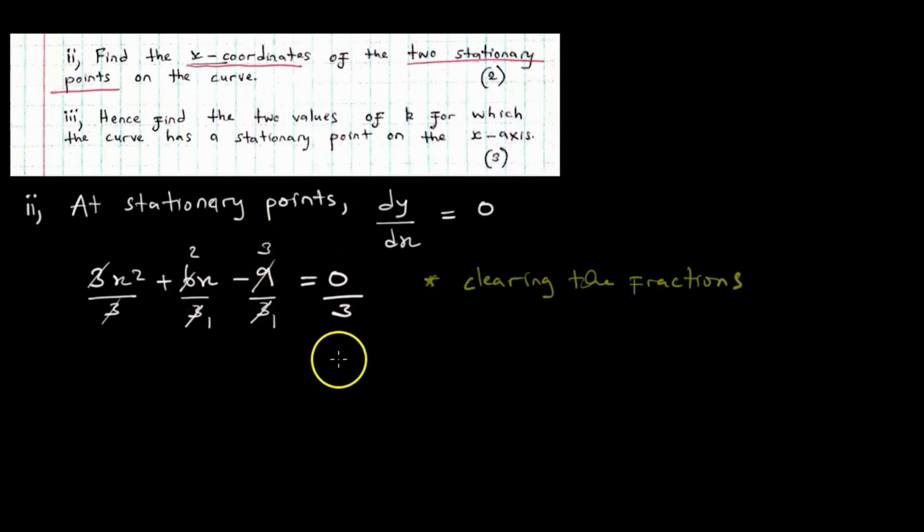And 3 into 0 is 0. So we are left with x squared plus 2x minus 3 is equal to 0.